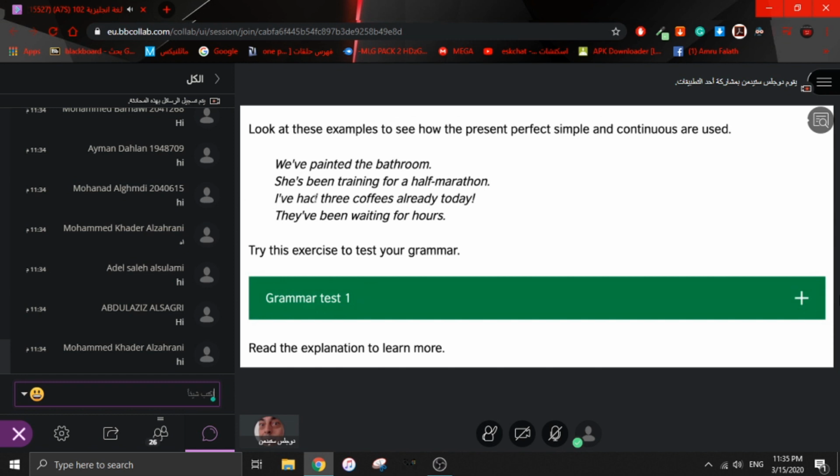The next one, I've had 3 coffees. Is it simple or continuous? This is simple, not continuous, and it's like an accomplishment, but here it could be a good thing or a bad thing. I've had 3 coffees already today. 1, 2, 3, they're finished, and it's like, wow, that's a lot.